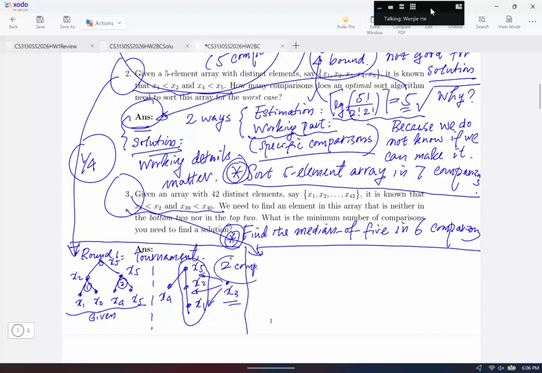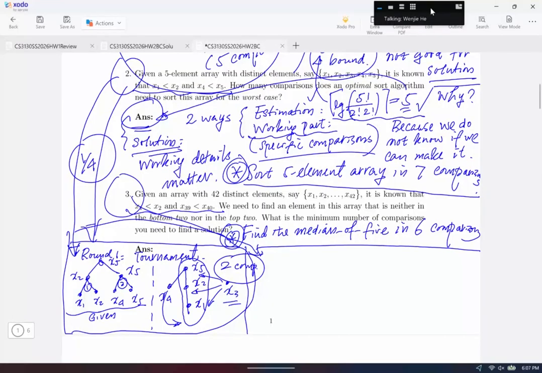After that, we insert the last one. That's our old solution. What I want to say is, if in your mind you know the detailed solution, then you connect it to the given condition, because with this given condition you can save 2 comparisons.